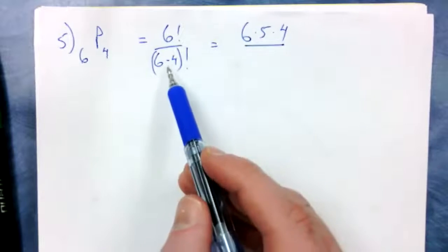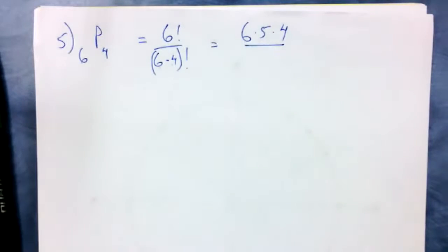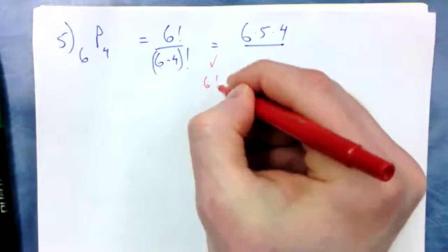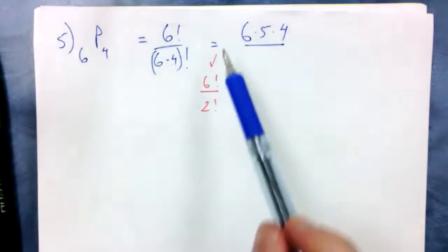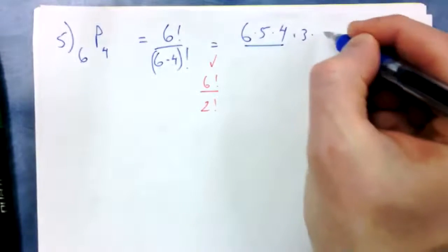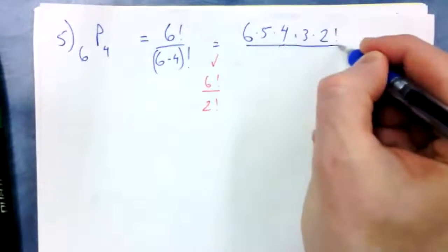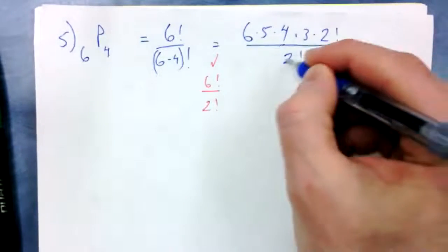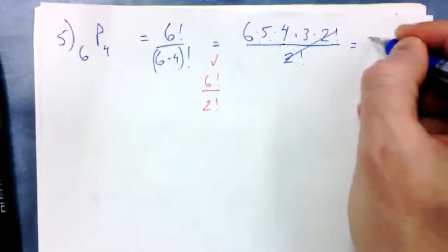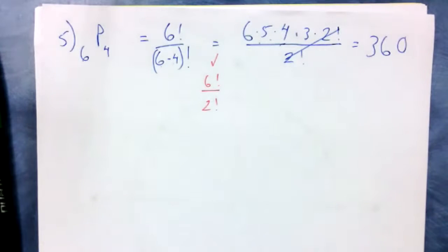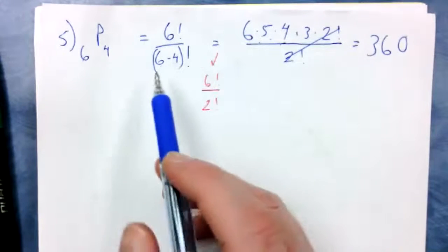I'm skipping the step that says 6 factorial over 2 factorial. And really, only the 2 at the end is the one that's canceling. 6 times 5 is 30, times 4 is 120, times 3 is 360. If you have 6 things and you're choosing 4 at a time, how many different ways can you do that? 360 ways.